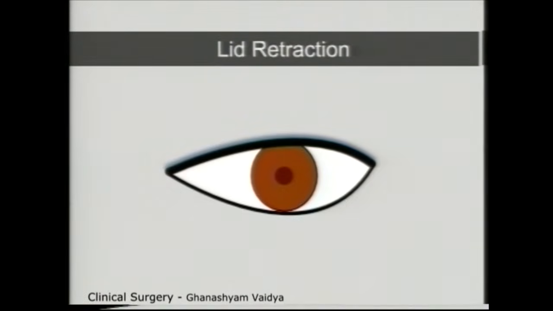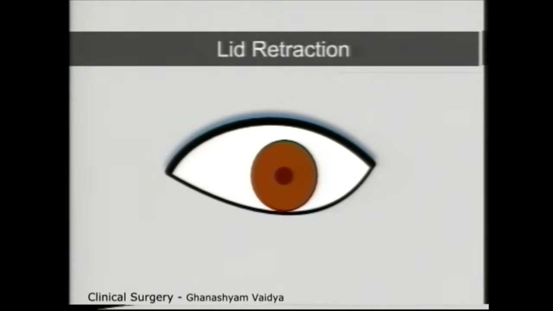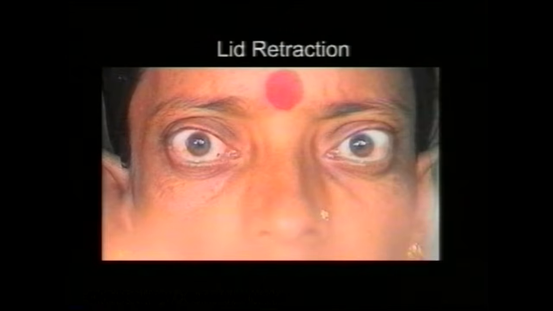The upper lid is retracted due to tonic contraction of the involuntary part of the levator palpebrae superioris, thereby exposing a strip of white sclera above the superior limbus. This results in a typical staring and frightened look of a thyrotoxic patient.